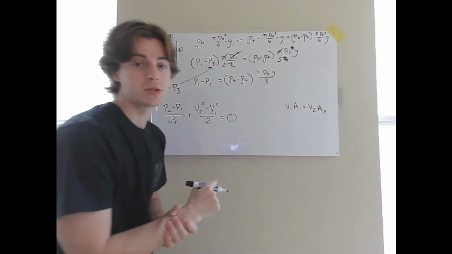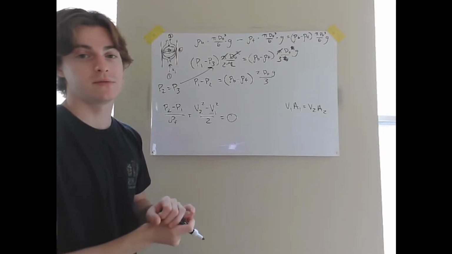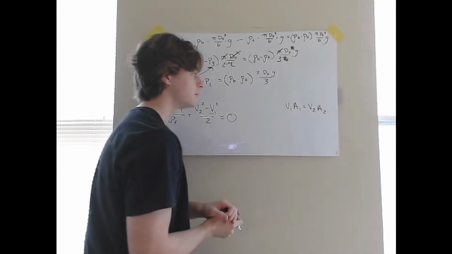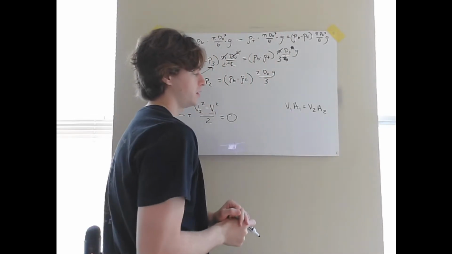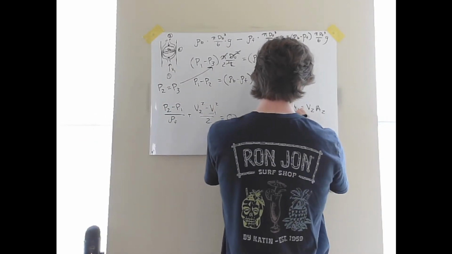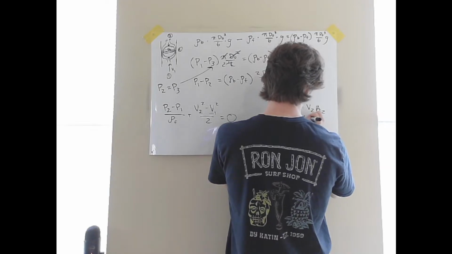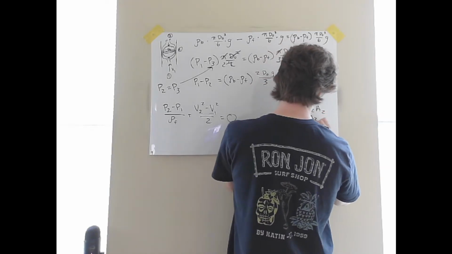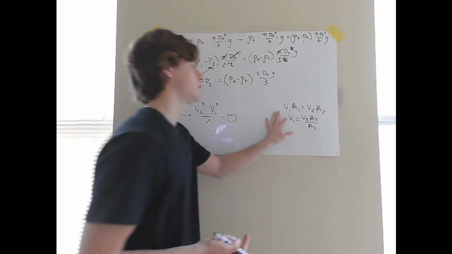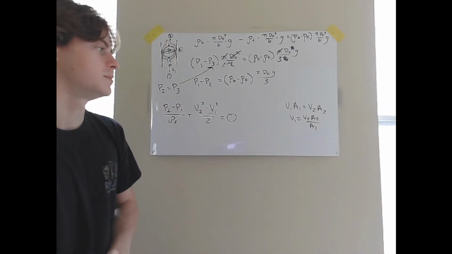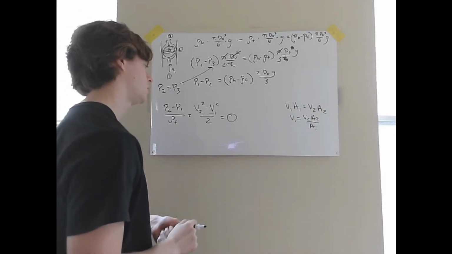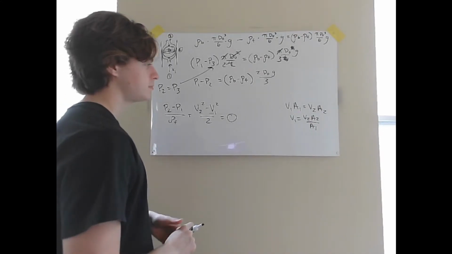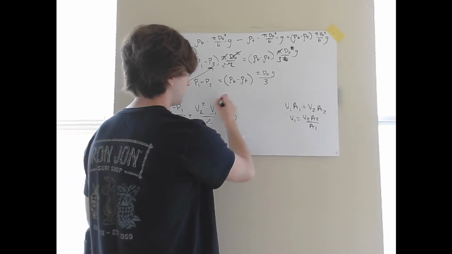I can use this relationship because the density of the fluid isn't changing throughout the problem. So here I'm just going to solve for V1 in terms of V2. It's just V1 equals the velocity at position 2 times the area at position 2 divided by the cross-sectional area at position 1.